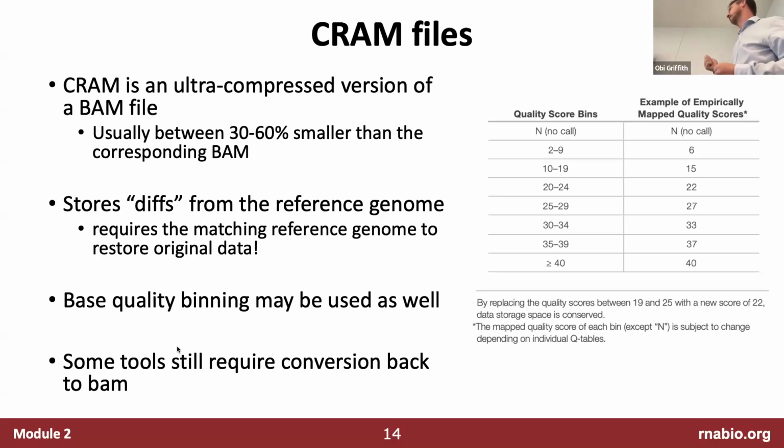So one of the gotchas with CRAMs: it all sounds good, right? You've saved a lot of space, but you need that reference now, and we've learned there are different versions of references out there. Sometimes someone shares a CRAM file and you can't find the right reference to go with it, which makes the CRAM file useless or problematic at best.